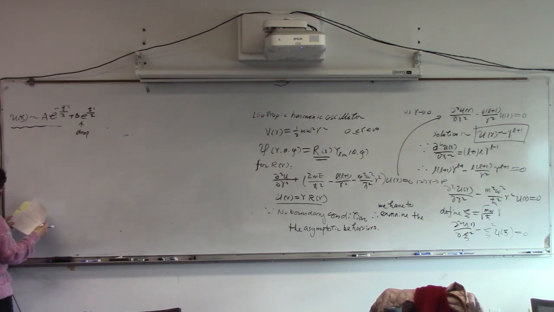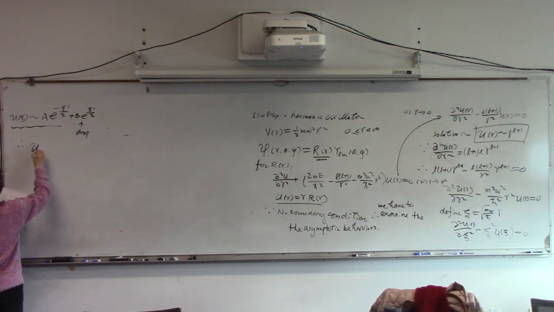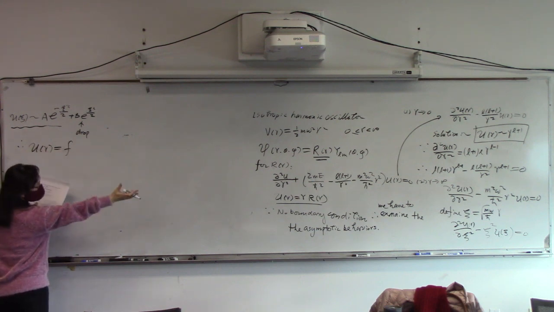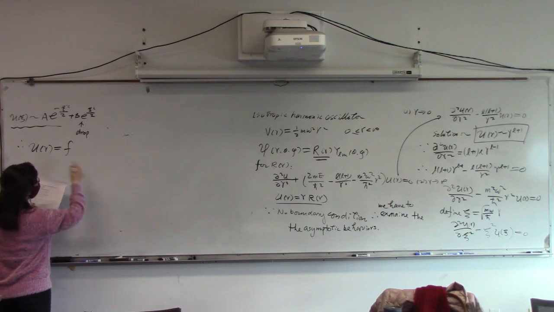So finally, we have U, this radial function, which should be intermediate between the R going to these two limits, 0 and infinite.